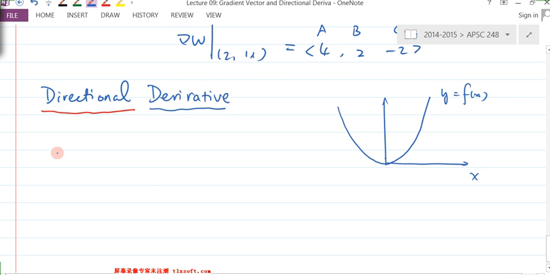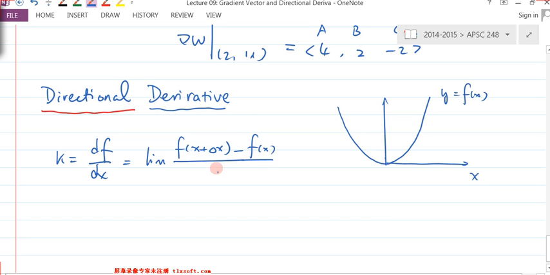If you remember, the slope is df over dx, and that's taking the limit: f of x plus delta x minus f of x, divided by delta x, as delta x goes to 0. That's how you calculate the derivative. Now I want you to understand it this way.